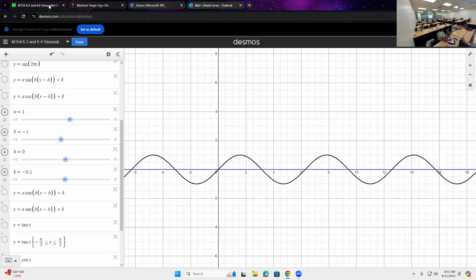The domain is negative infinity to infinity. The range: the smallest value we have here is -1, and the largest value we have here is 1. So the range is -1 to 1.